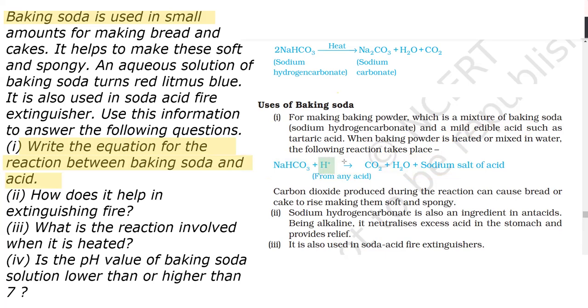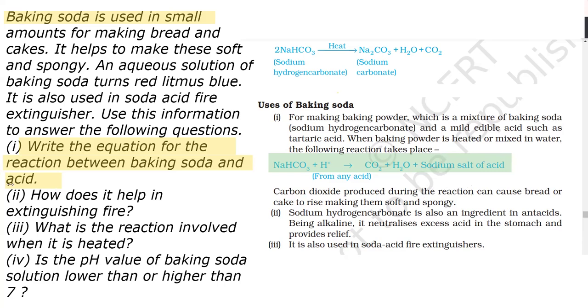Remember, we just need to write down H+, we don't need to write down the actual formula of tartaric acid. NaHCO3 plus H+ will give carbon dioxide, water, and sodium salt of the acid. This is the reaction we have to write. We don't actually have to write down the molecular formula of tartaric acid.